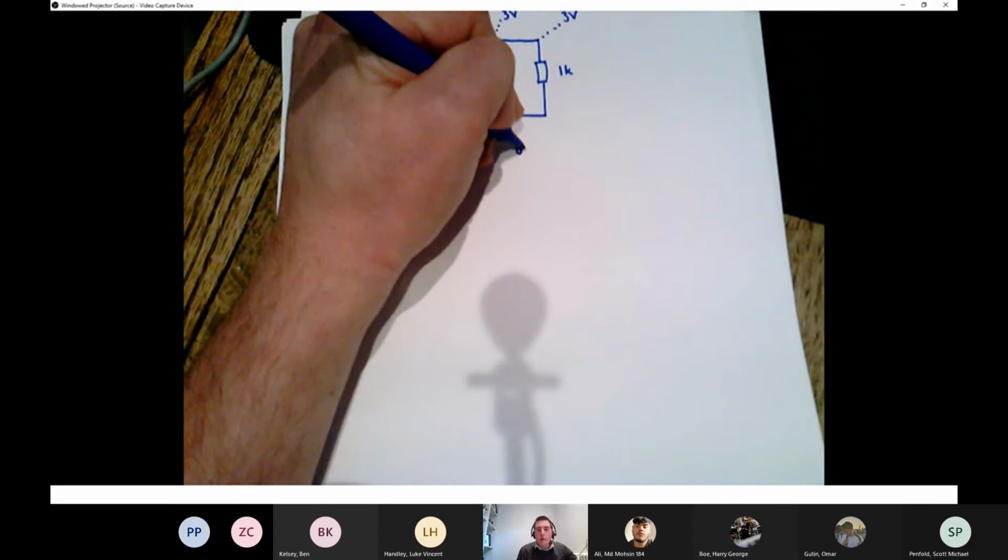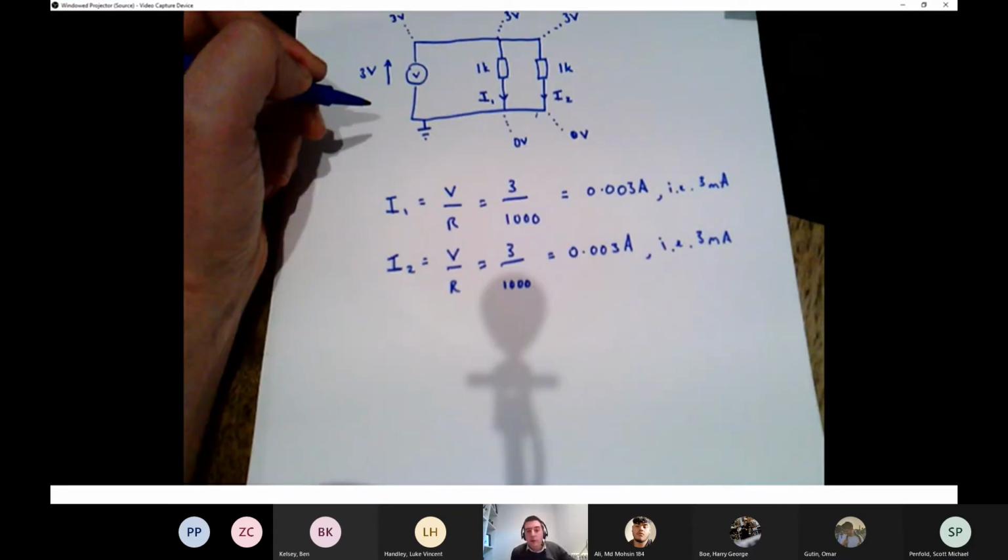Now, there's one other thing that I can use from that list of big ideas that we drew out earlier, just to finish analyzing this circuit. If we look at this node here, it's got 3 paths in or out of it. I1 and I2 are both flowing into it, and then I've marked on I3, which is flowing out of it.